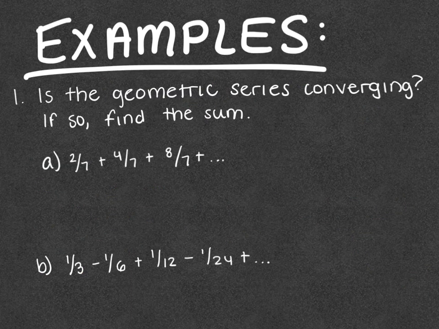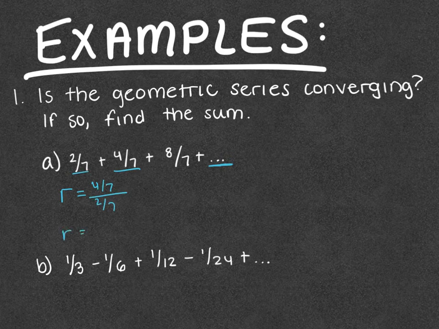So let's look at a couple of examples for a geometric infinite series. So in this case, we have 2/7 plus 4/7 plus 8/7, and these dots indicate that we're looking at an infinite amount of terms. So first we want to see if this is a convergent or a divergent series. So I'm going to find my common ratio, which we get from taking the second term divided by the first term.